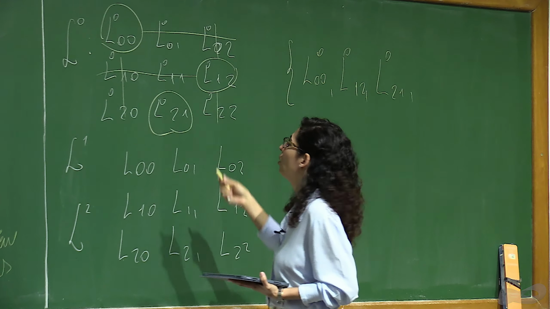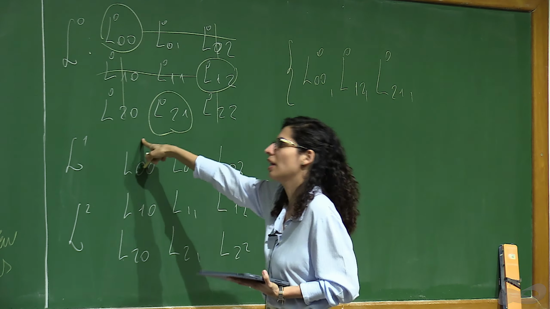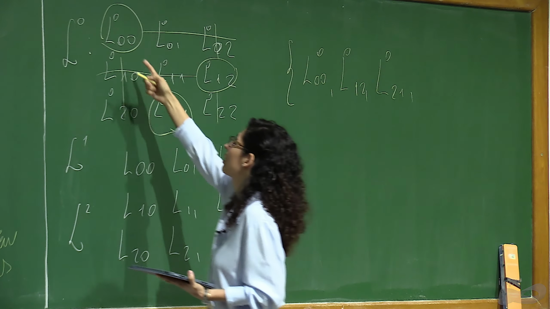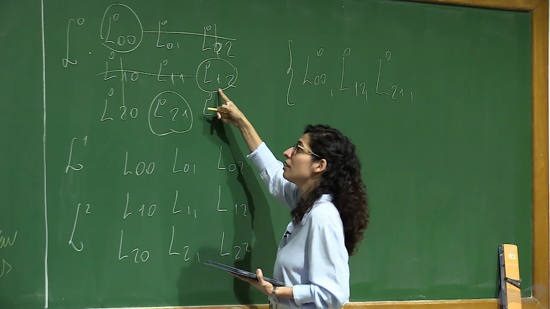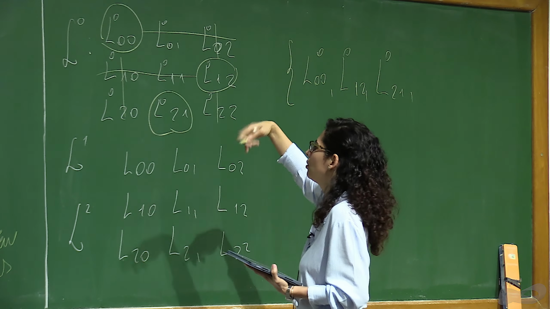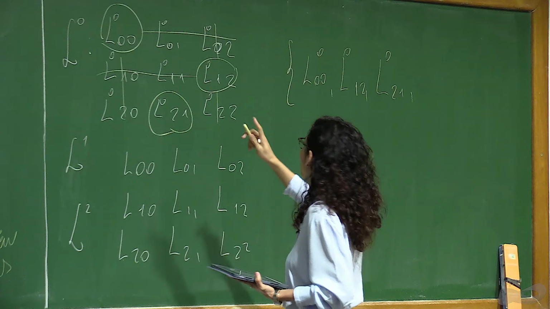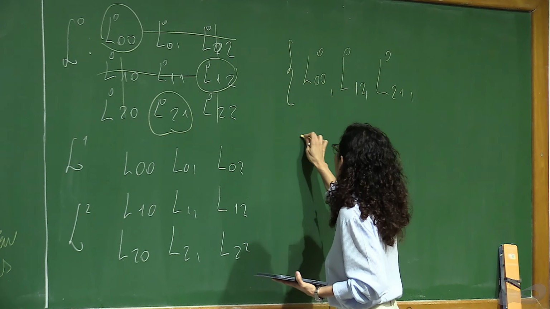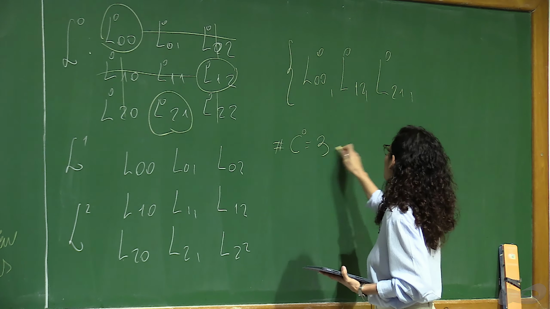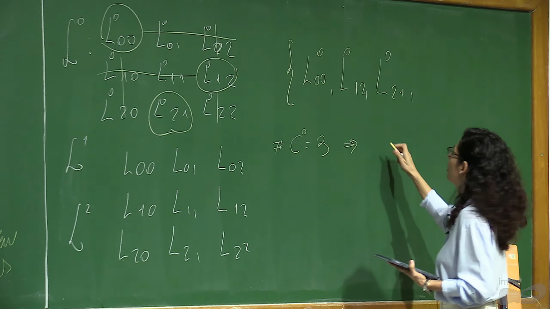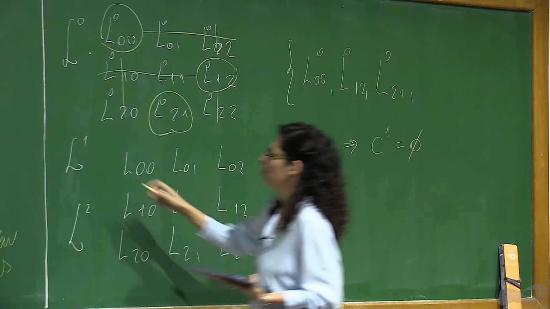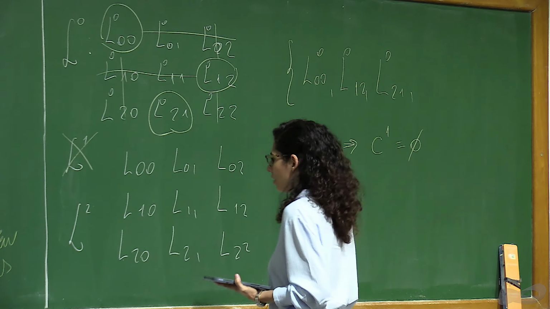And here we choose the maximal number in this set. When we look at the difference between the indices, we get all the possible remainders in the division by 3. So in this case, C0 is 3, and here C1 is empty, so we can choose a line here.